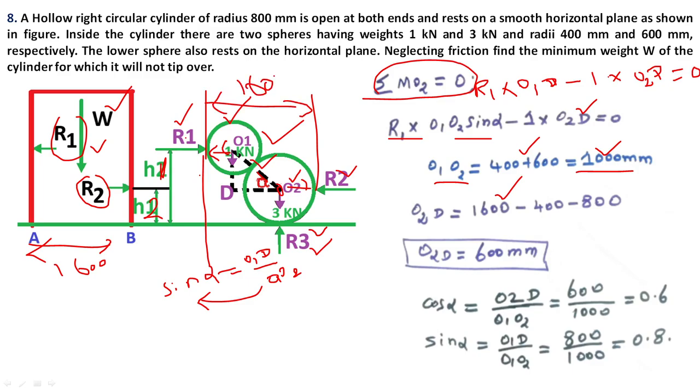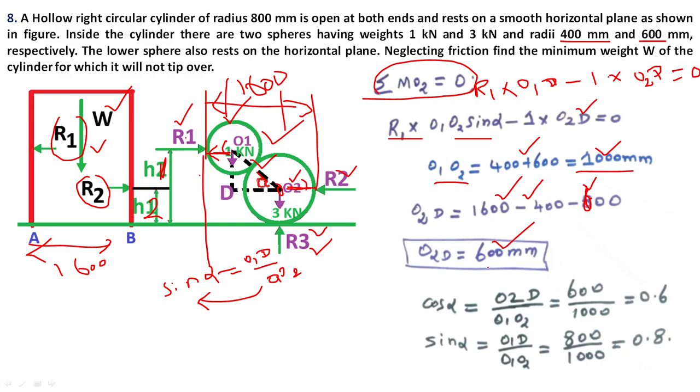So this distance is 400, this is 600. The radii given are 400 and 600, so 400 plus 600 is 1000. So 1600 minus 1000 is 600 mm.